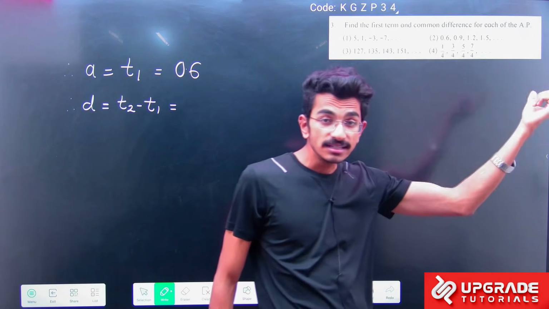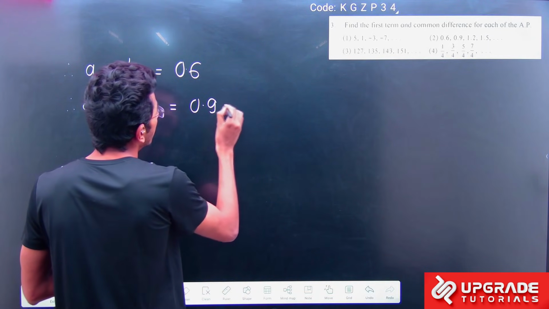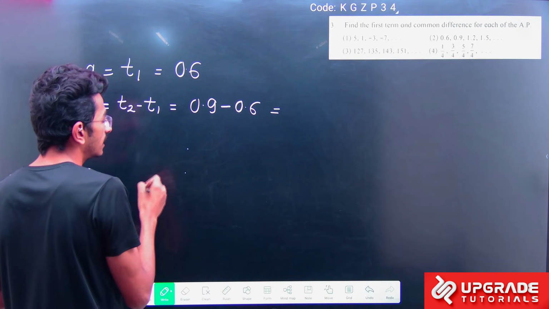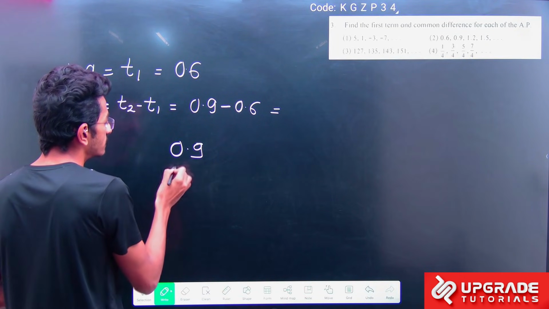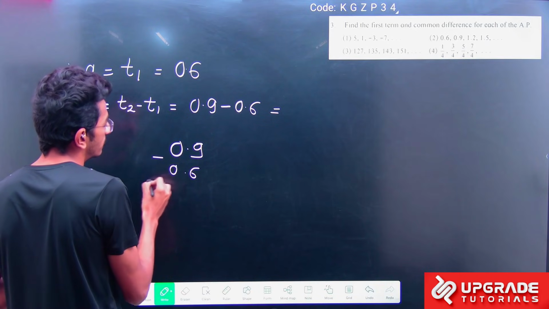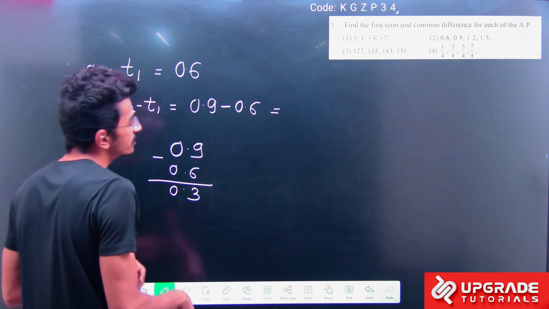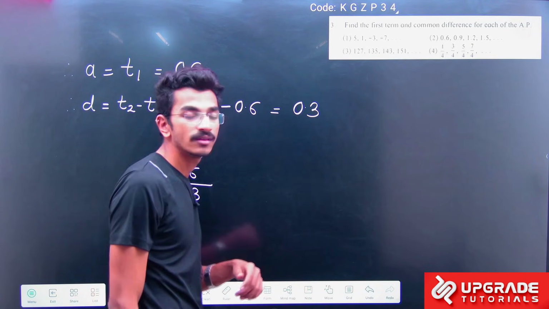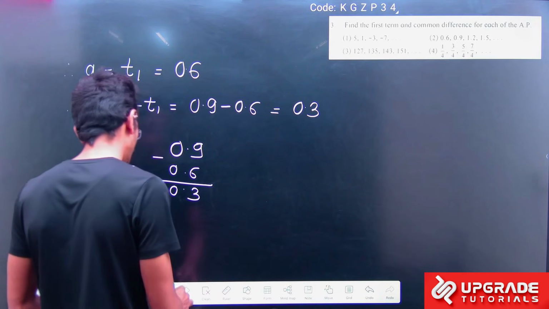It is the second term minus first term. Very easy. 0.9 minus 0.6. Write point below point, then the left side number, right side number, left side number, right side number. 9 minus 6 is 3. 0 minus 0 is 0. Answer is 0.3. First term is 0.6, common difference is 0.3.